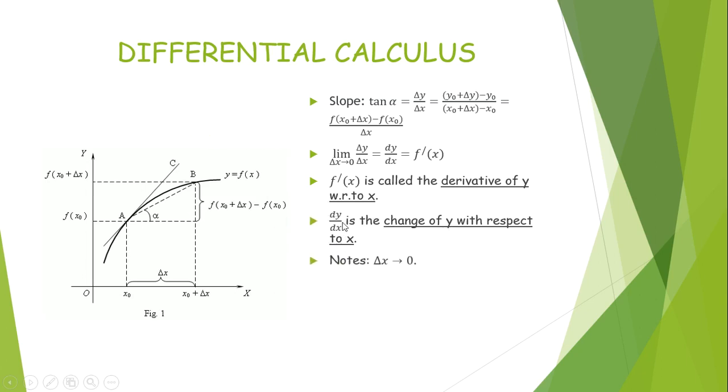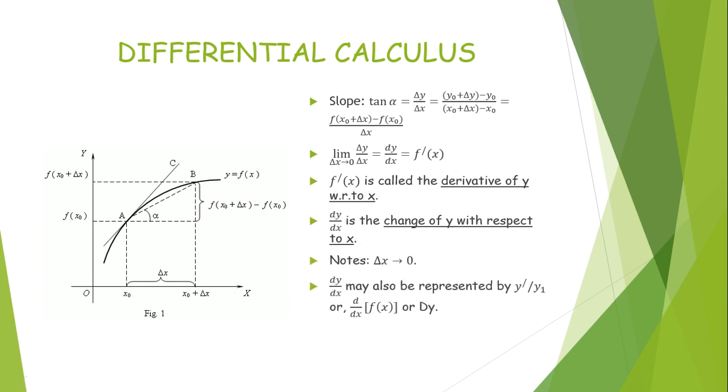Now I have already used the term del x tends to 0. That means del x has a very small value, near equal to 0 but not 0. Suppose del x equals 0.000001. In this case we say that del x tends to 0.